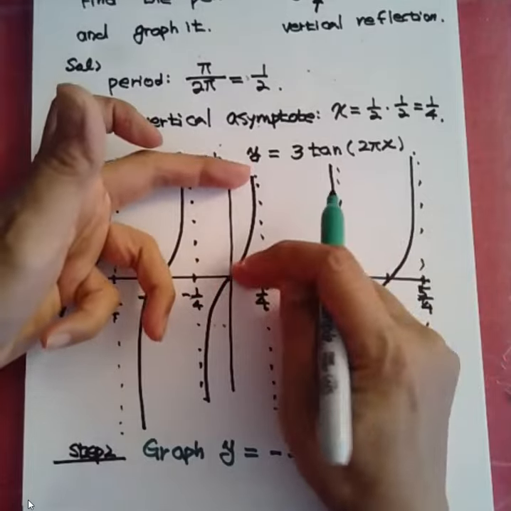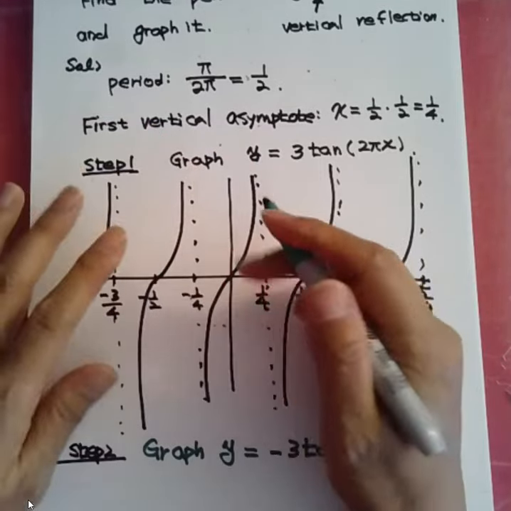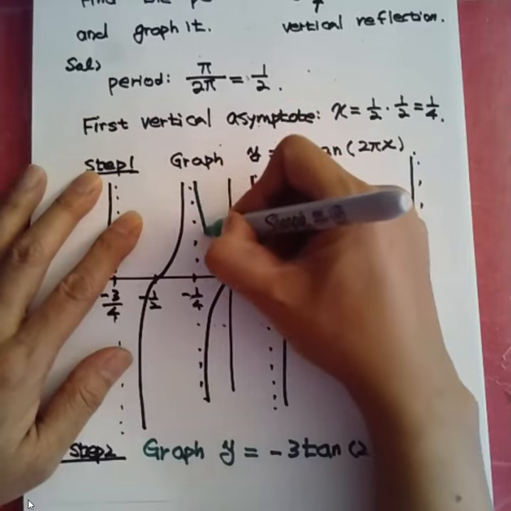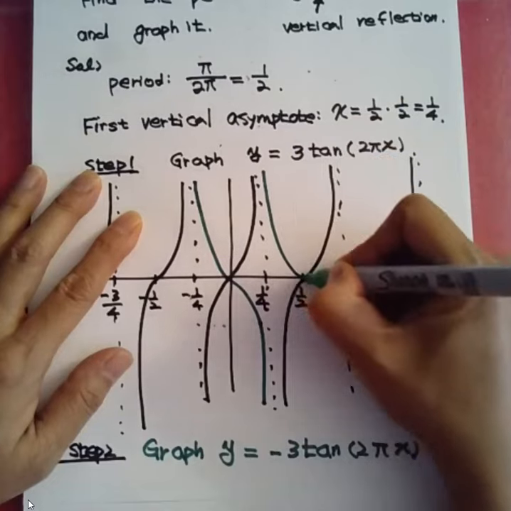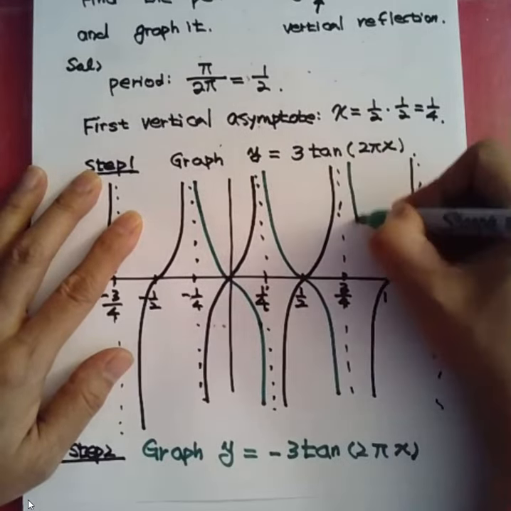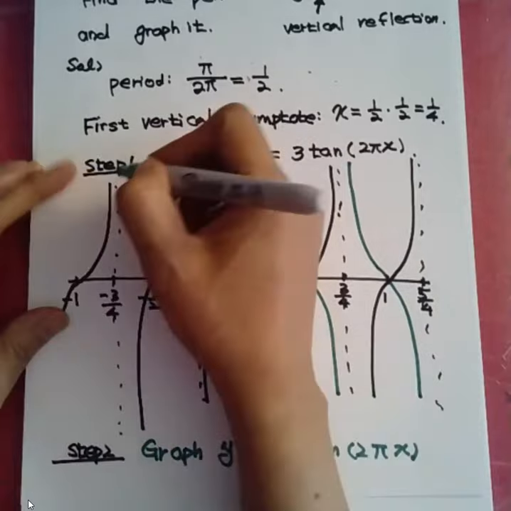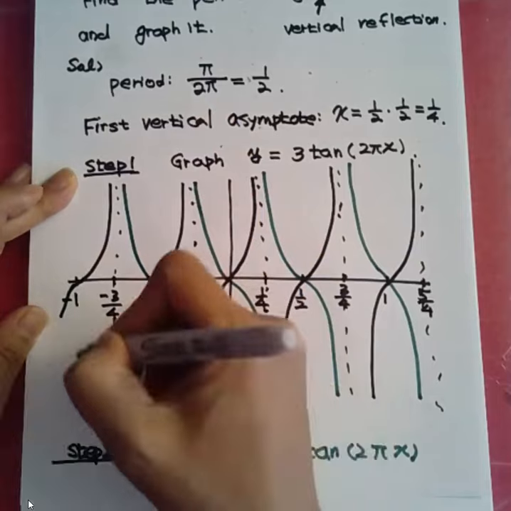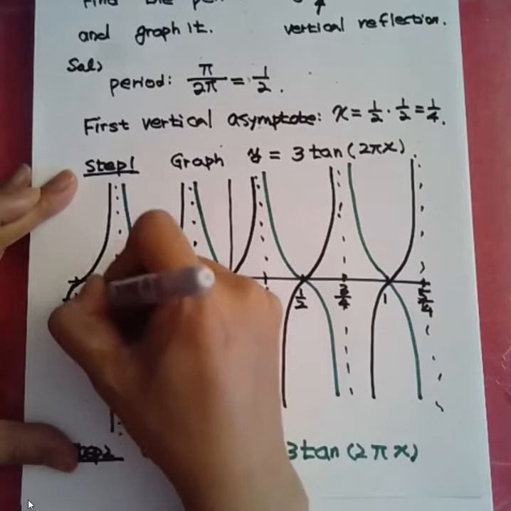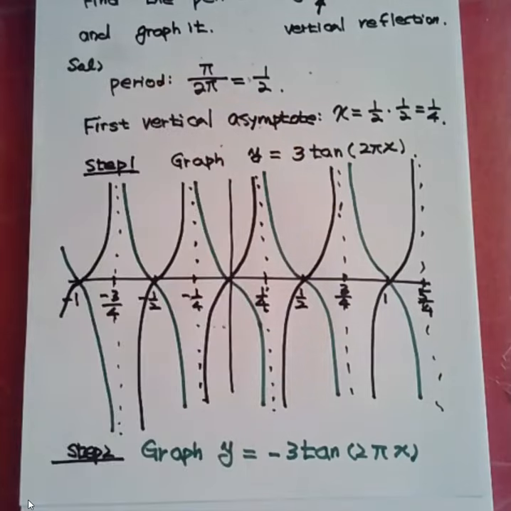So positive will become negative and negative will become positive. So the pattern of the graph will look like this. That green graph is the final answer.